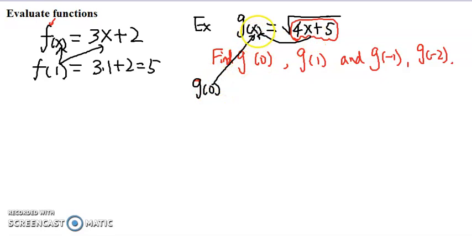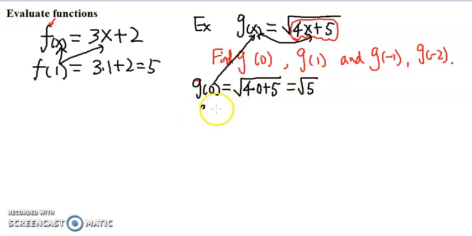So that's why we can replace that x with the 0 we have. And then we have 4 times 0 is 0, plus 5 is 5. And square root of 5 is already in its simplest form. We cannot simplify this any further.